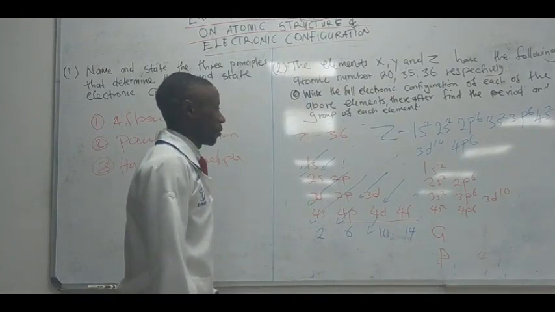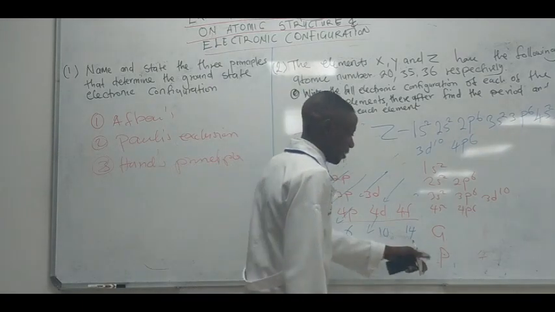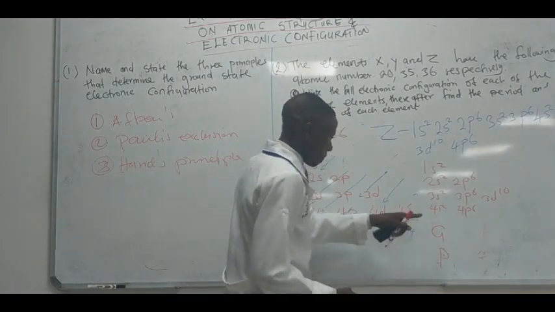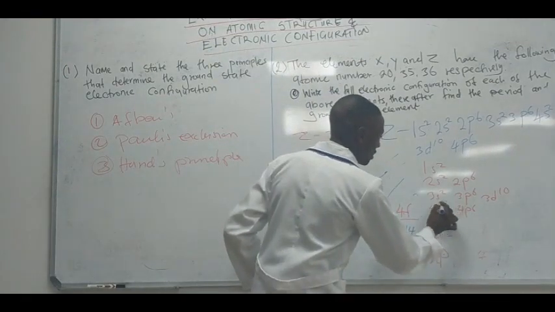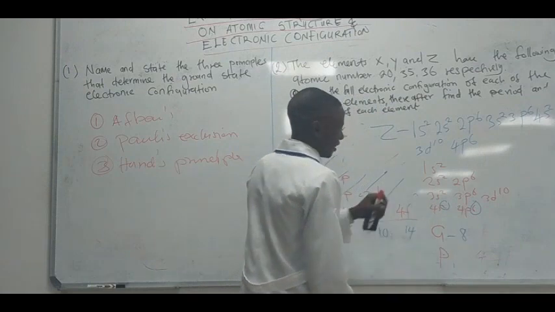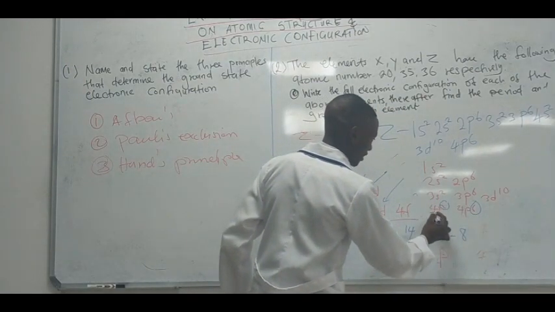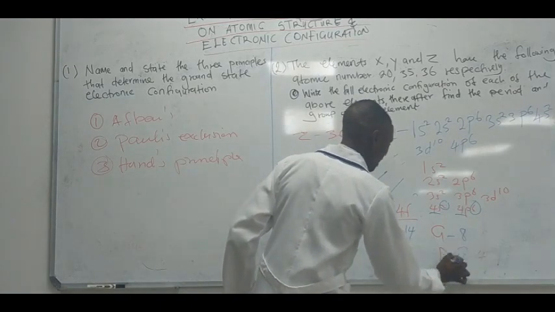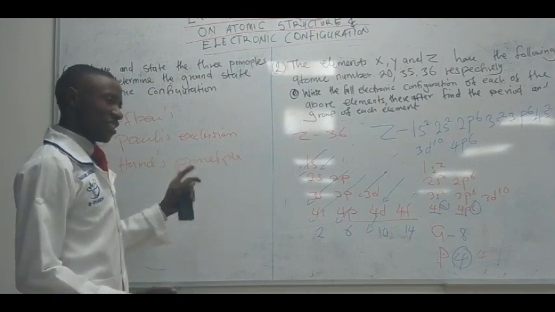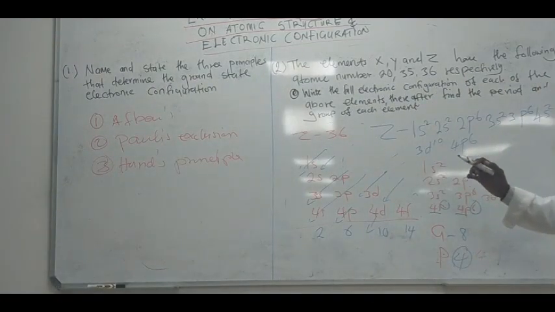What's the group? As we said, add there and there. That is 8. Then the period is 4. Wonderful. So this is how you answer these questions. Not complicated, using those principles.